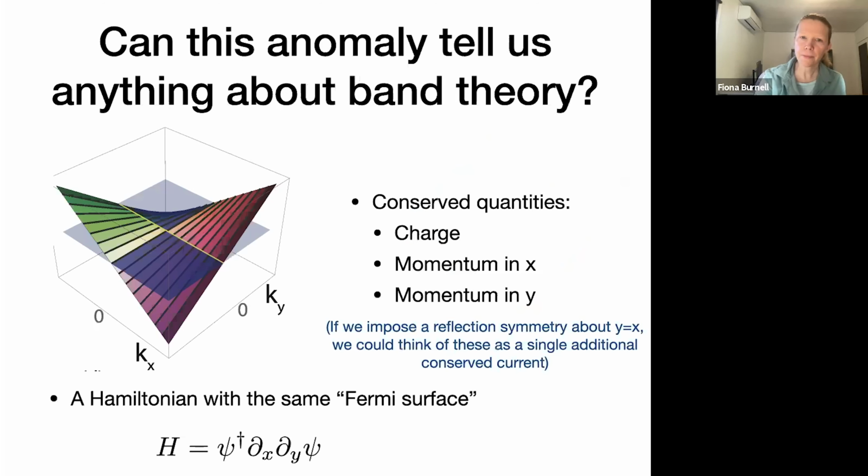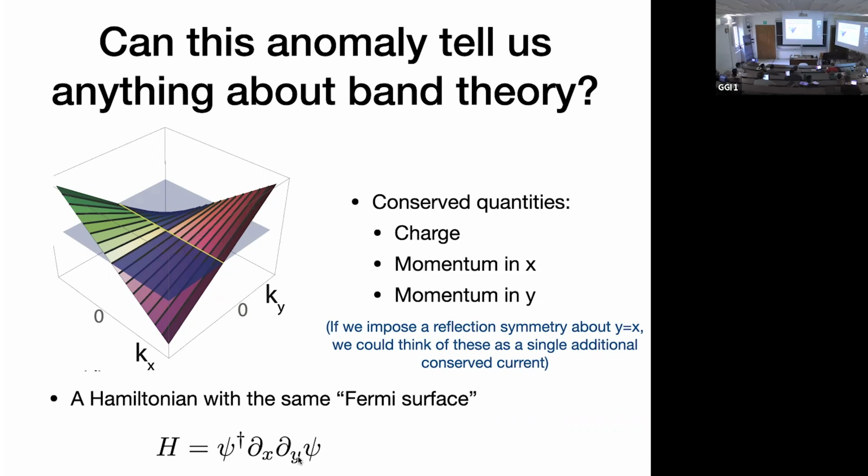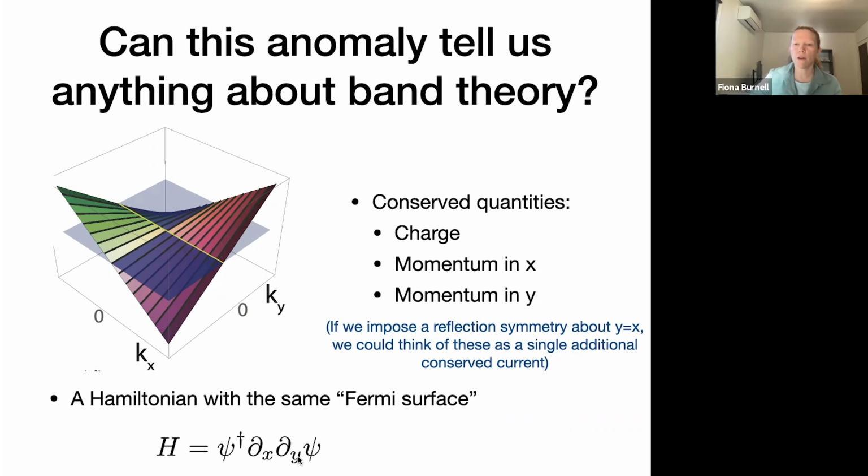Yes, good. That's a good point. To be honest, I have not thought about what that would correspond to. Maybe it's broken by further terms in the Hamiltonian that you neglect. Well, if you're really thinking about this as a continuum model, it definitely has that symmetry.